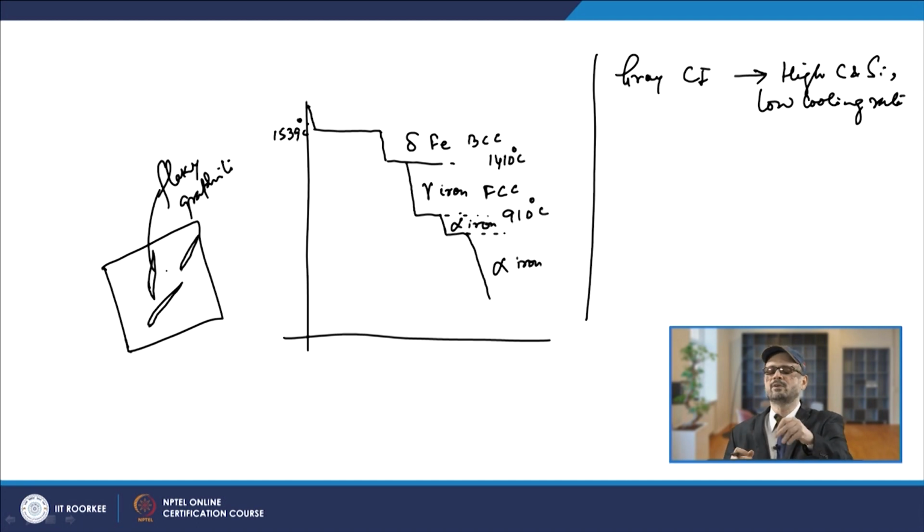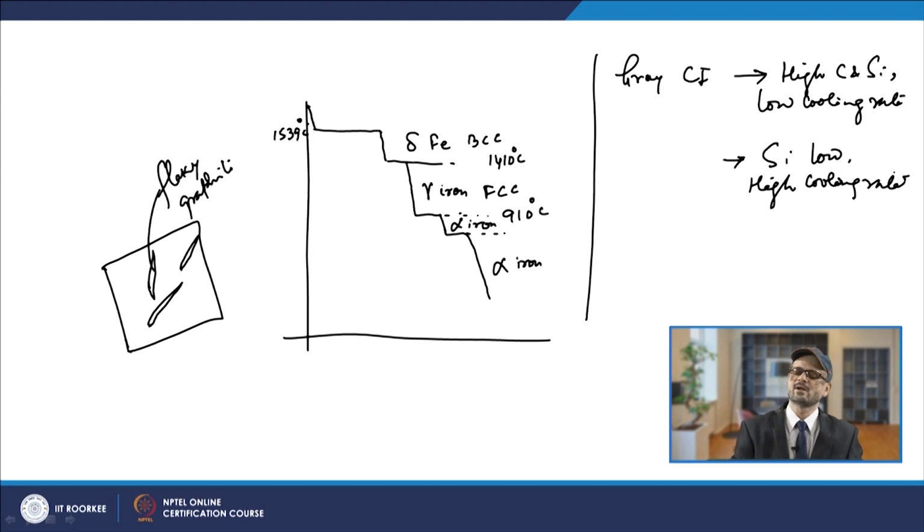Now, if you increase the cooling rate, so if your silicon percentage is less and there is a high cooling rate, in that case you are likely to get white cast iron.